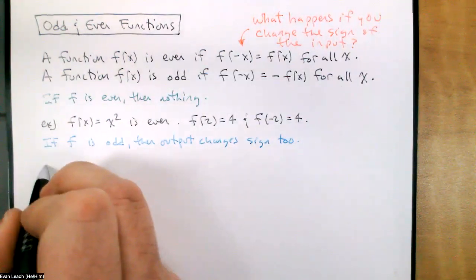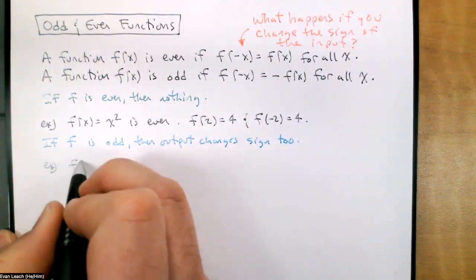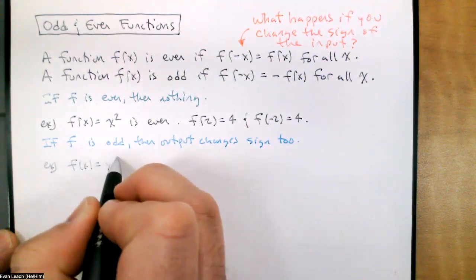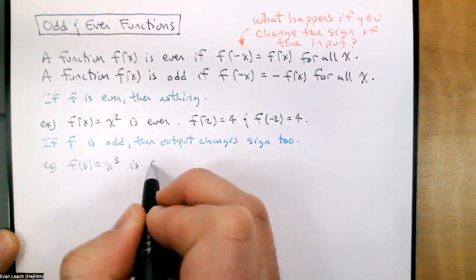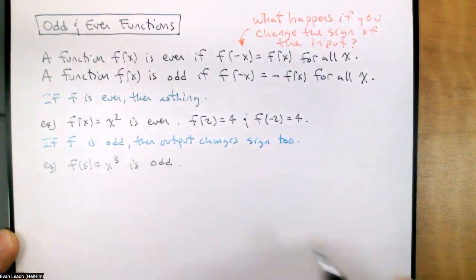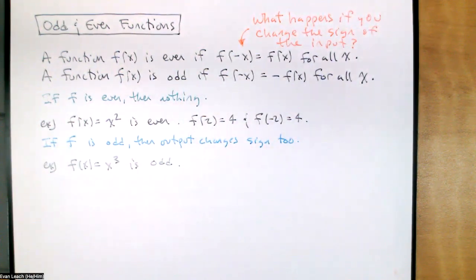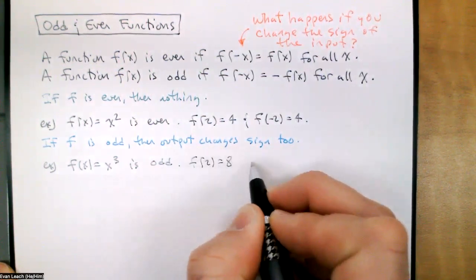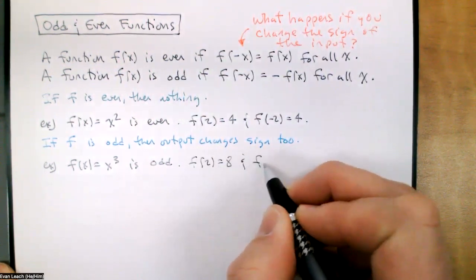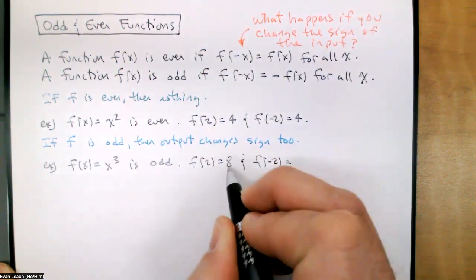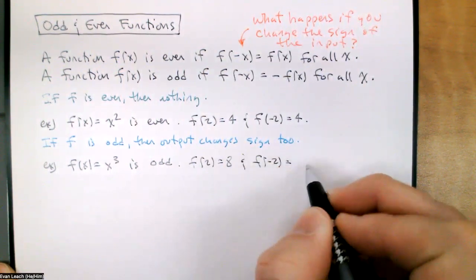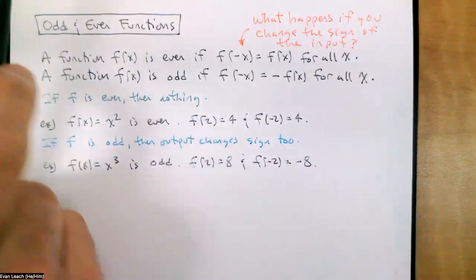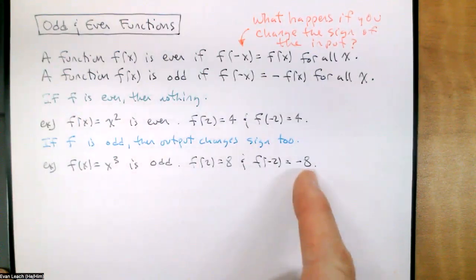For example, x cubed is odd. f of 2 is 8. If I change the sign of the input, f of negative 2, it changed the sign of the output. Negative 2 cubed is negative 8. Change the input, output changes.